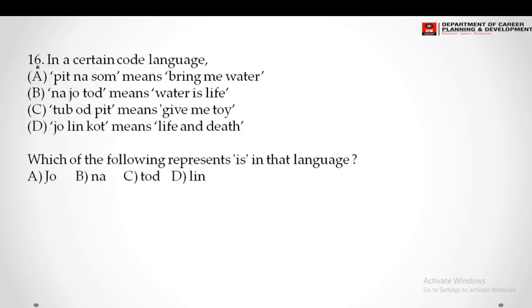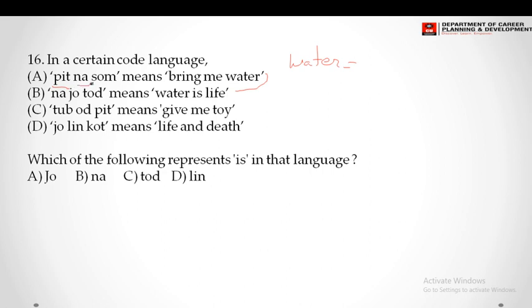So next one is question number 16. Question 16 is saying TITNA. So these three words are given, and the codes of these are given as bring me water, water is life. So common in between these two is water. Write down water. So what is the code common between these two?